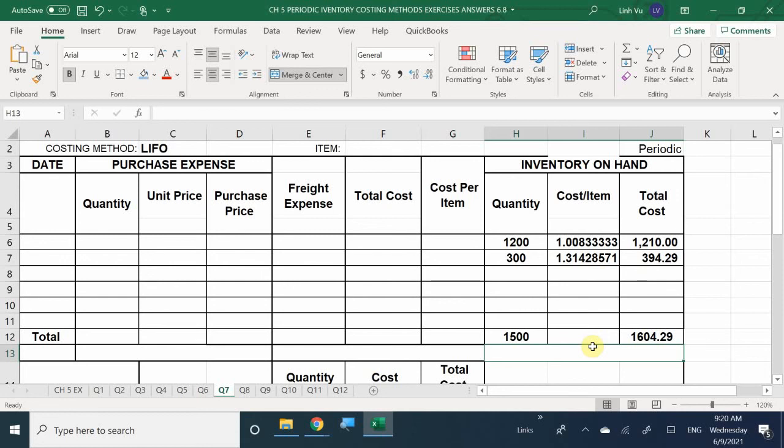If I look back, one is for August 5th and one is for August 10th. But because I'm keeping them in the order I'm transferring them over, I already know the first one that I bought was 1200 and the second one was 300. Here I'm transferring over the information I read in the scenario, which was that on August 31st you should have had a beginning balance of 1500 units.